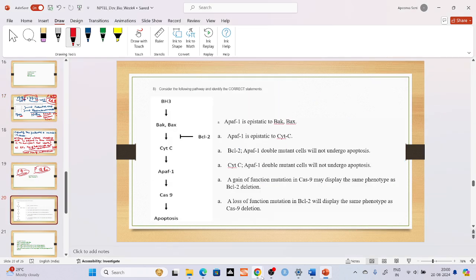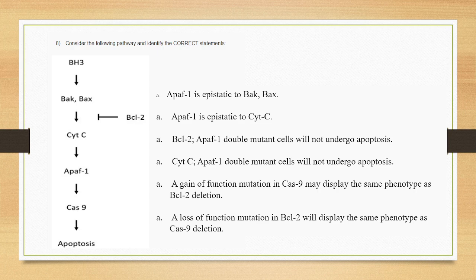Now, next question, again a very interesting question. Consider the following pathway and identify the correct statements. This is the pathway given to you. APAF1 is epistatic to BAK and BAX.